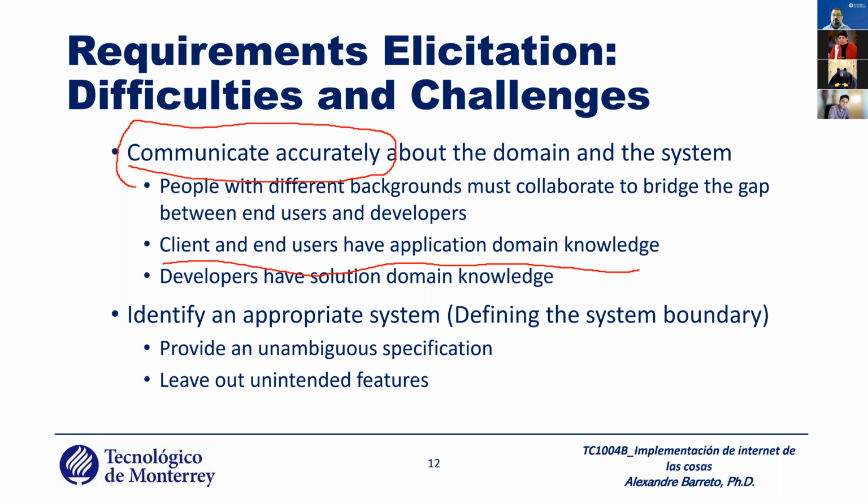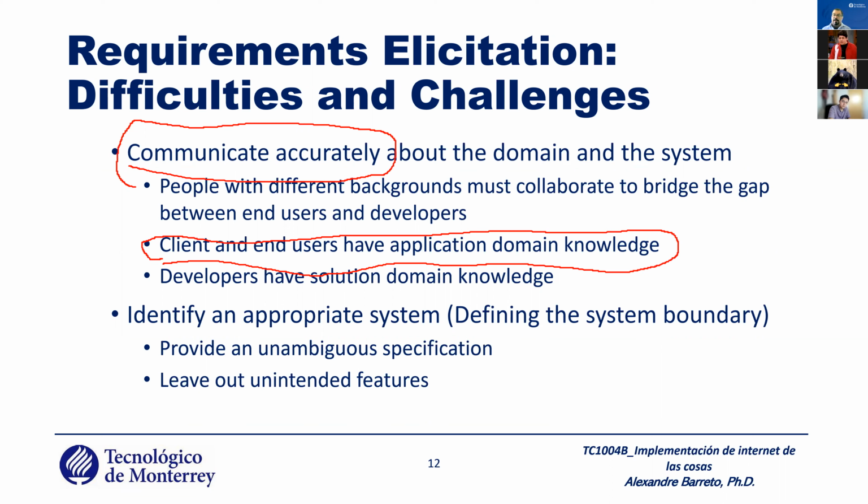Another thing is that clients and users have application domain knowledge. When you develop a tool or a system for an external client, the external client has domain knowledge. For example, you develop a system for an electricity utility company.